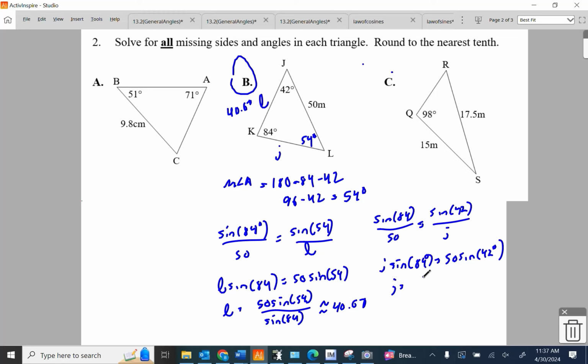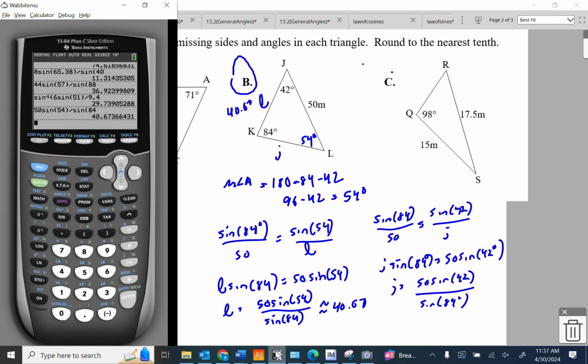And I just divide by the sine 84. So 50 sine 42 divided by the sine of 84 degrees. And you're going to get a slightly different answer, obviously. So I'm just going to change some numbers here because the whole thing's the same except that 54 becomes a 42.